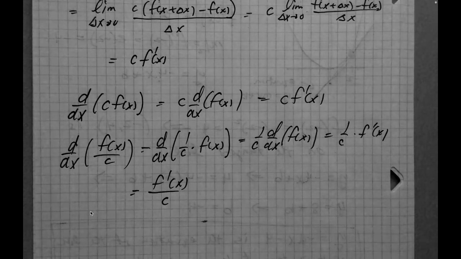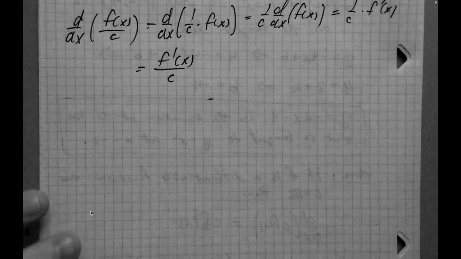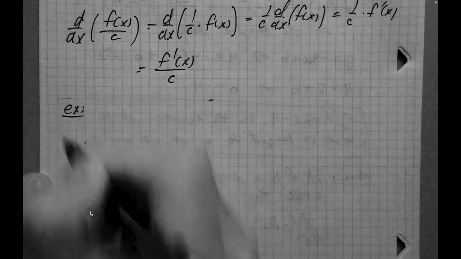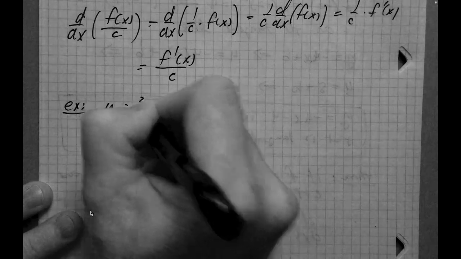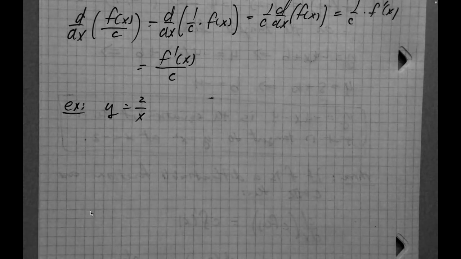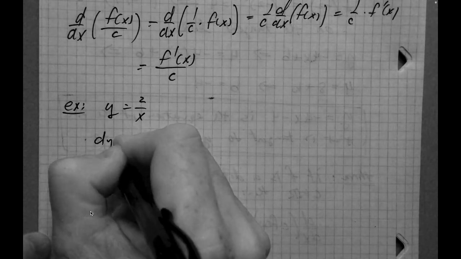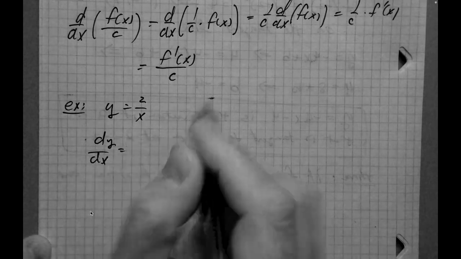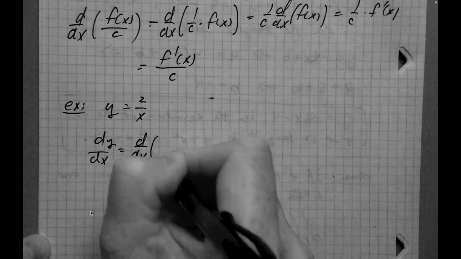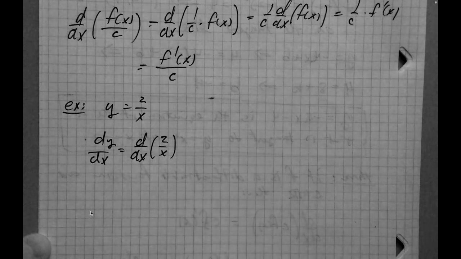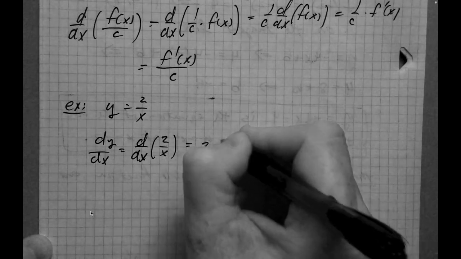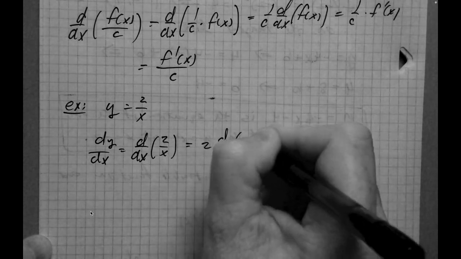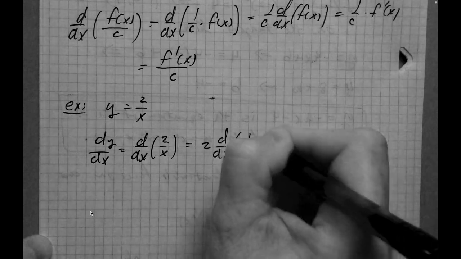excellent. Let's do a few examples using this, just to make sure we're crystal clear on this one. What if I start with y equals 2 over x, and I want to differentiate that? Well, we would say that dy over dx is equal to d dx of 2 over x. I can pull that 2 outside, like so. And technically I would have this.